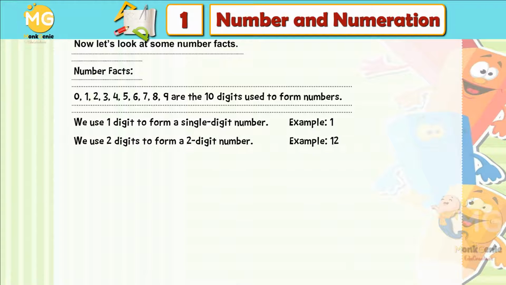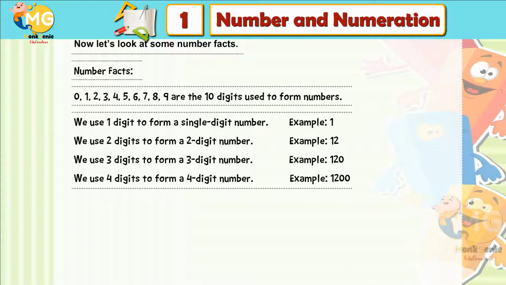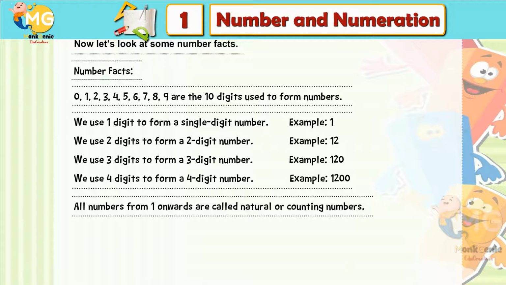We use two digits to form a two-digit number. Example, 12. We use three digits to form a three-digit number. Example, 120. We use four digits to form a four-digit number. Example, 1200. All numbers from 1 onwards are called natural or counting numbers.